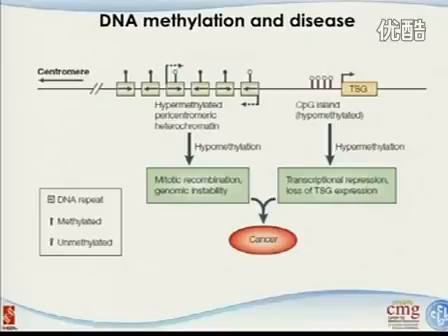If there's a solid circle, that means it has been methylated. For this one, you can see this is not methylated. So this tumor suppressor gene will continue to express in a normal condition. But once people are sick, and this part is hypermethylated, this tumor suppressor gene will be killed, and that is another mechanism that can cause cancer. And both of these two mechanisms have been observed in cancer cells.